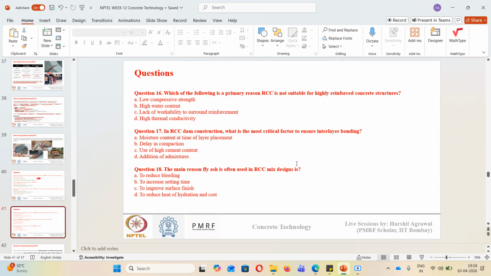Question number 16. Which of the following is the primary reason why roller compacted concrete is not suitable for highly reinforced concrete structures? Highly reinforced concrete means when there is a high percentage of steel reinforcement inside concrete.